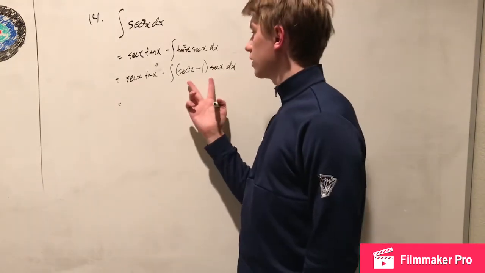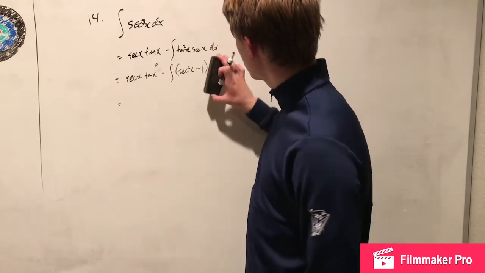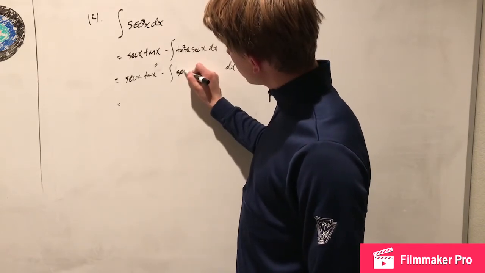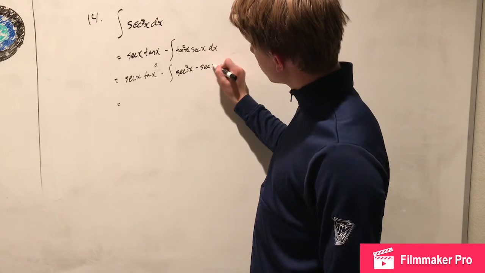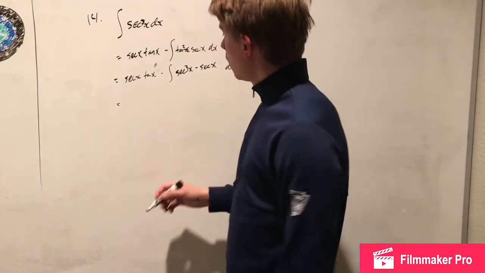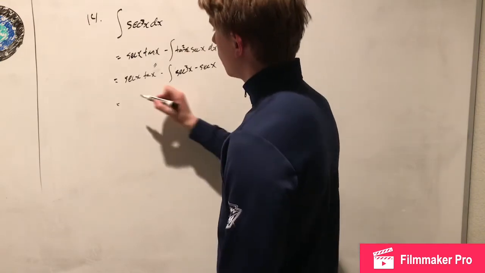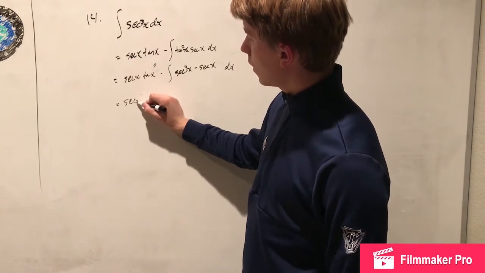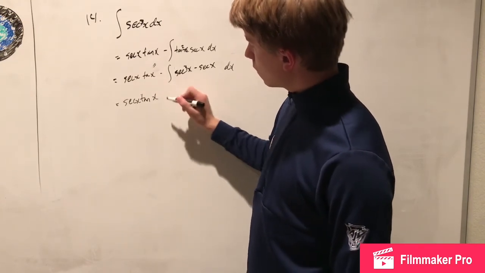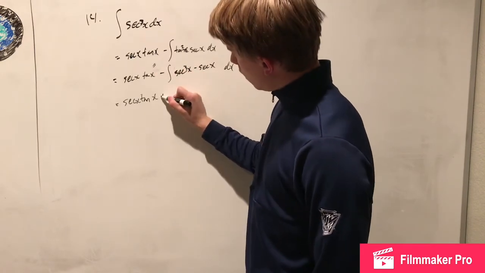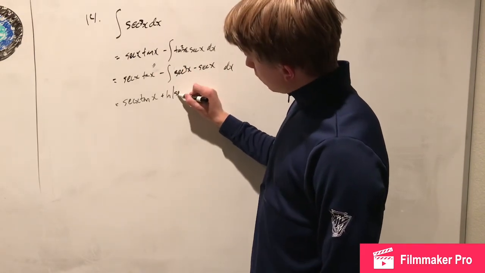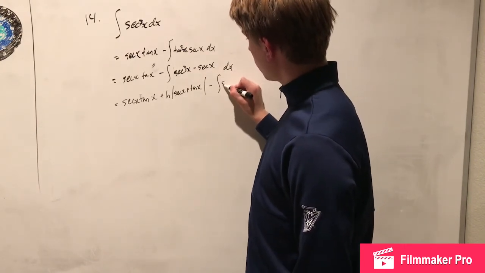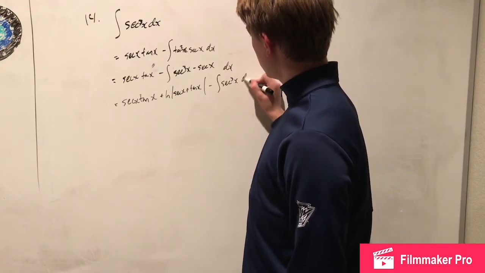So now if we split these up in our head, this becomes secant cubed x minus secant x. We can integrate the secant part because we know how to do that, or at least you should. It's one of the log ones you should have memorized. Secant x tangent x, and the negatives cancel out, plus natural log of secant x plus tangent x, minus the integral of secant cubed x dx.